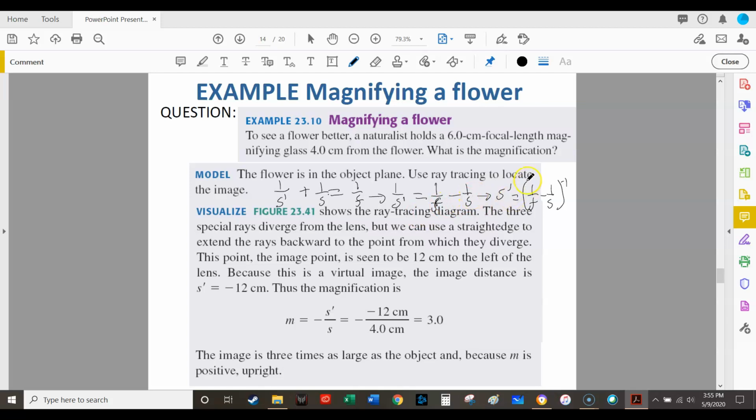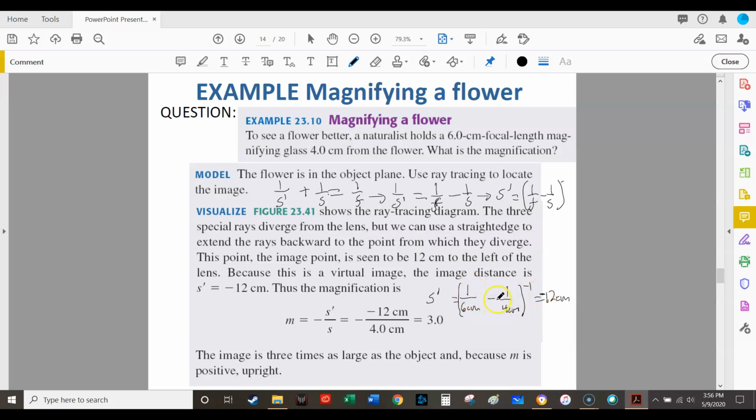And so when he worked that out, let me do this, S prime, so that's the image distance: 1 over, I thought the focal point is 6 centimeters, minus 1 over 4 centimeters is going to give us S prime, which is going to work out to be 12 centimeters, or actually negative 12 centimeters.